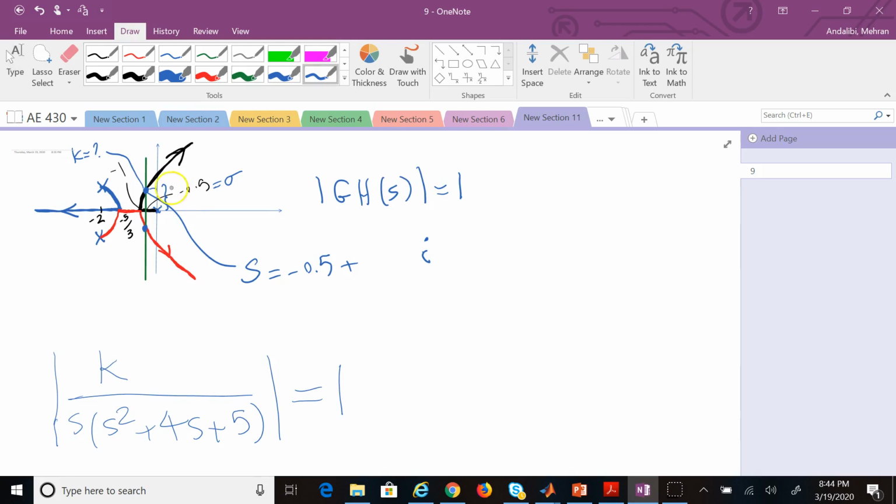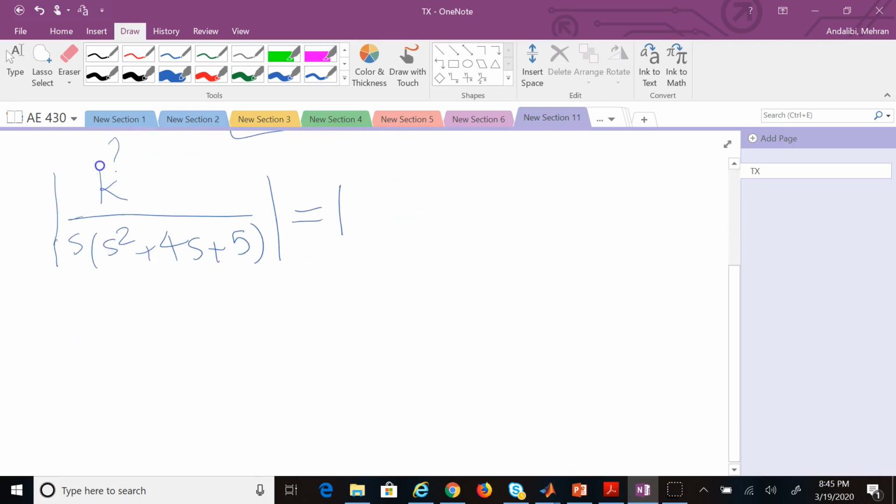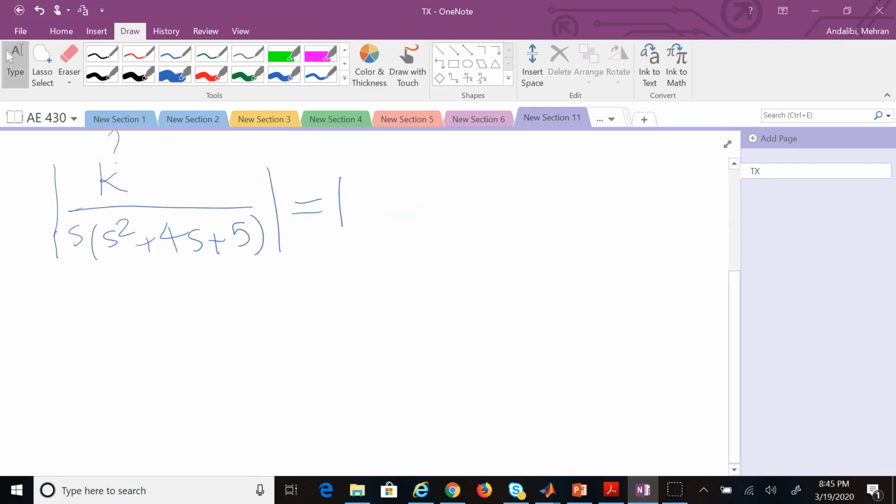So let's assume that this omega that we are interested in, we call it omega, just the unknown omega, okay? So here we don't know the value of omega and we also do not know the value of k. But we know that at this point, negative 0.5 plus omega I, the magnitude of GH should be equal to 1, and one more condition, the phase condition.